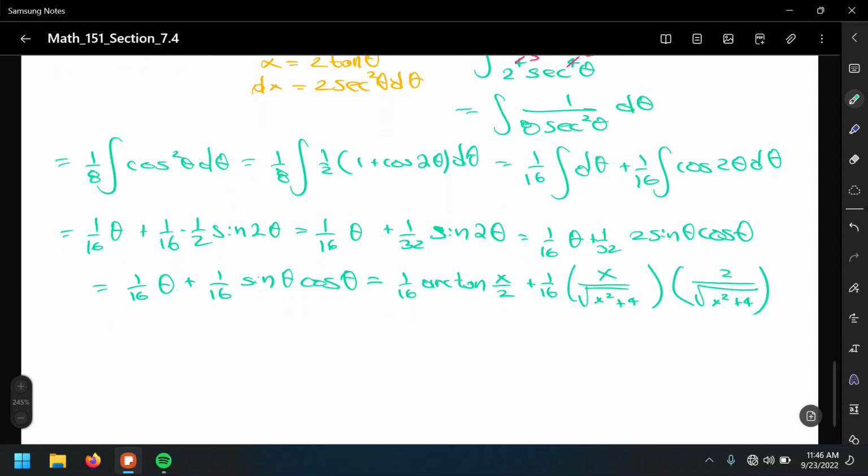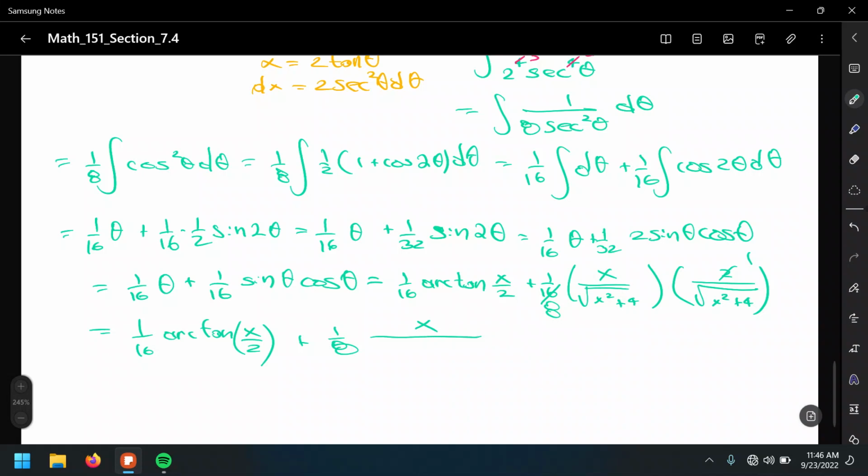Let's simplify this one. Okay, 1/16 arctan x/2. Okay, 2/16, that's 1/8, plus 1/8, and then x times 1, that's an x in the numerator. And what happens when we multiply a radical expression with itself?